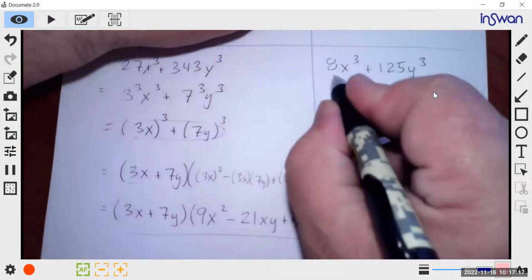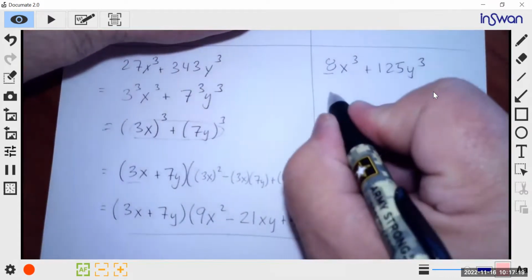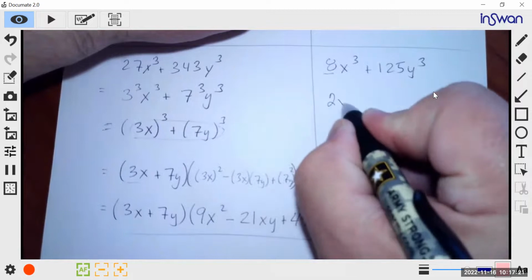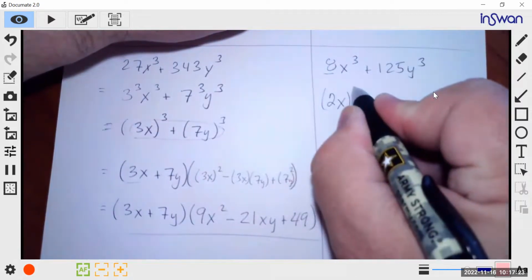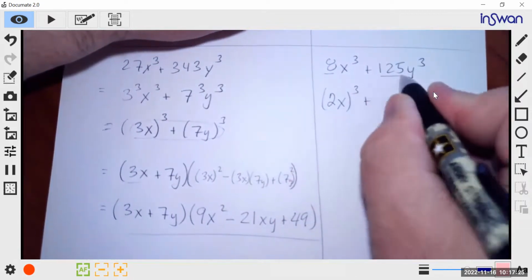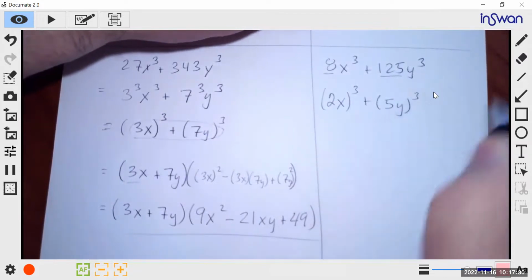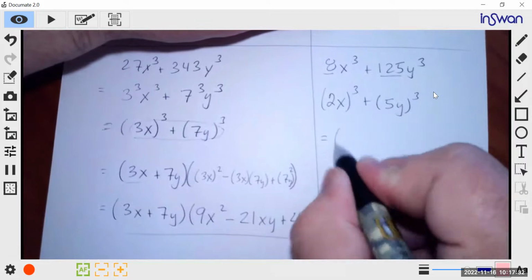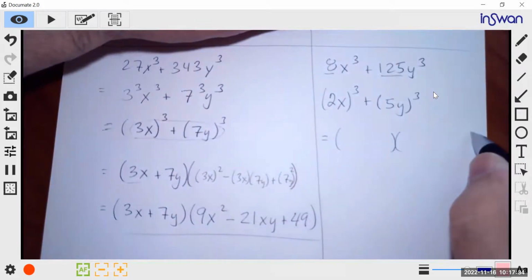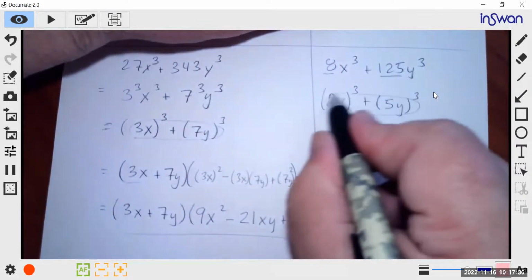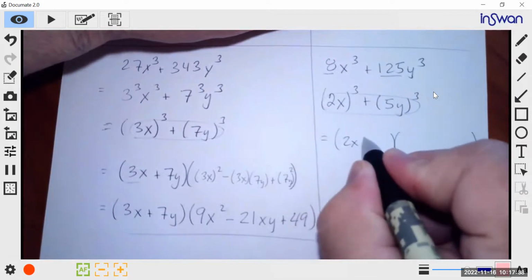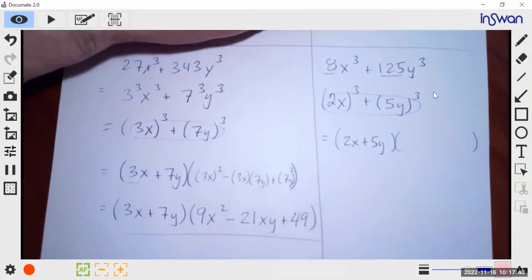And the last one, 8 is made up of what? Yeah, so it's 2 cubed. 125 is 5 cubed. So we have 2x plus 5y.